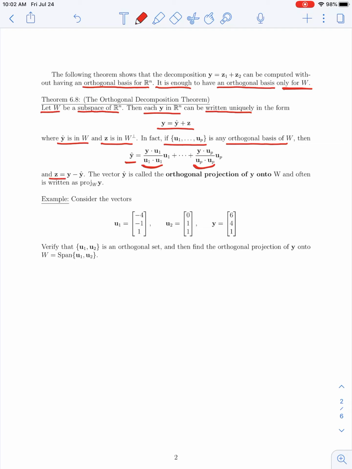And the vector z, which lies in the orthogonal complement, would then just be y minus y hat.